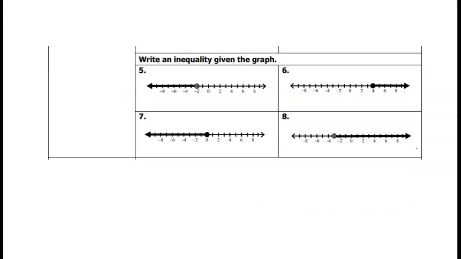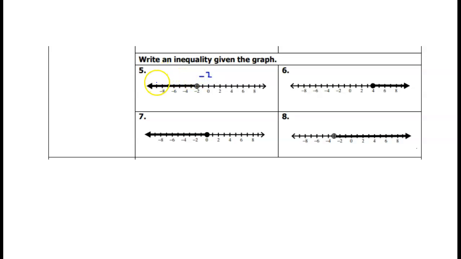Okay, so now they give us the graph, and we have to write the inequality. Alejandra, let's look at number 5. What is this saying? So we're starting at -2, right?